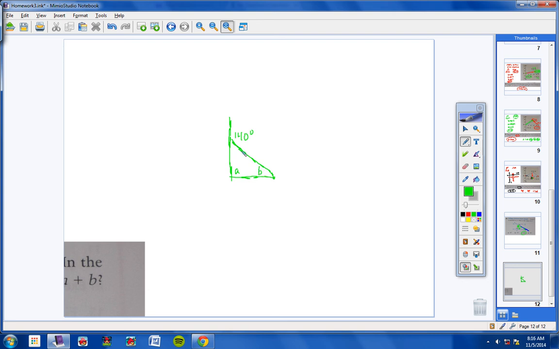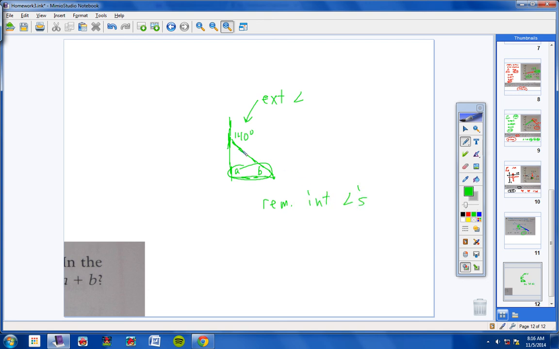Now we learned that when you have a triangle and you extend one side, this angle here is called what? An exterior angle. And these two angles here are called the what? Remember? Remote interior angles.